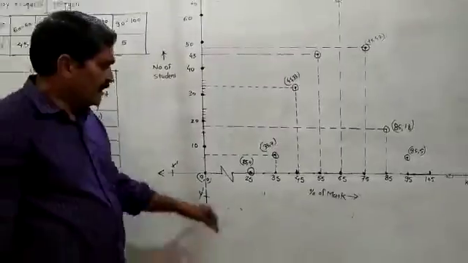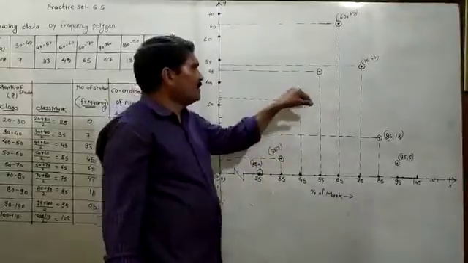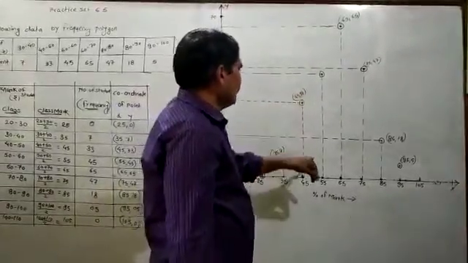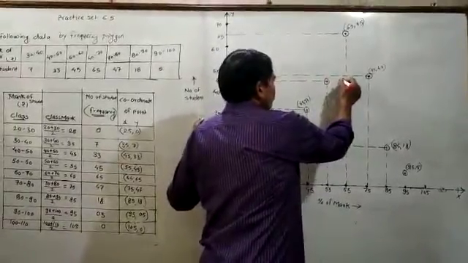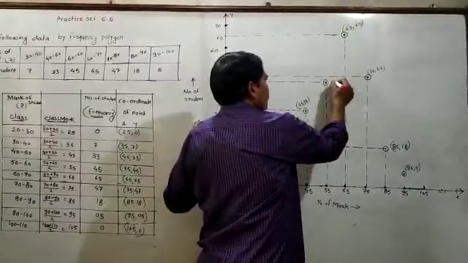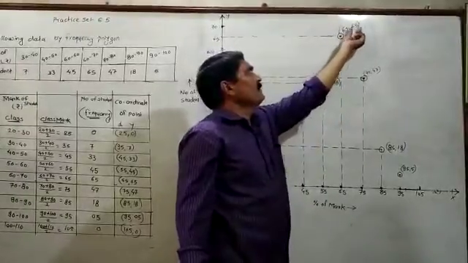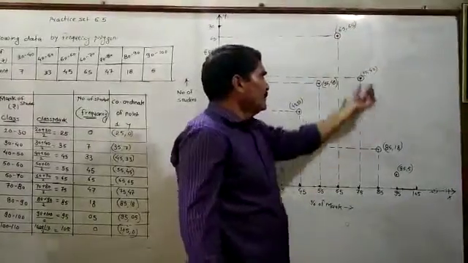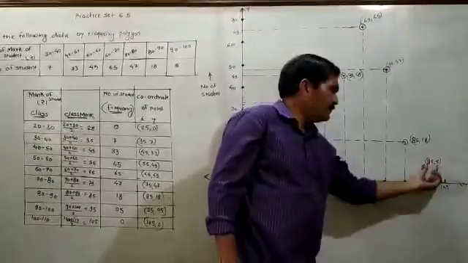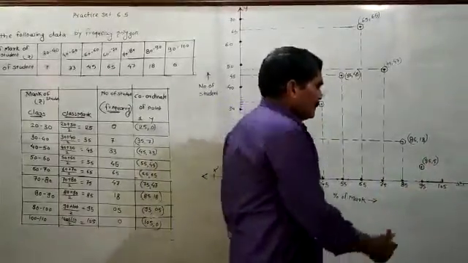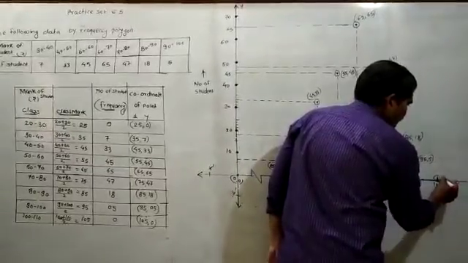Means from this you will say that 0 students get the 25% mark, 7 students get the 35% mark, 33 students get the 45% mark, 45 students get the 55% mark, 65 students get the 65% mark, 47 students get the 75% mark, 18 students get the 85% mark, 5 students get the 95% mark, and 0 students get 105%.